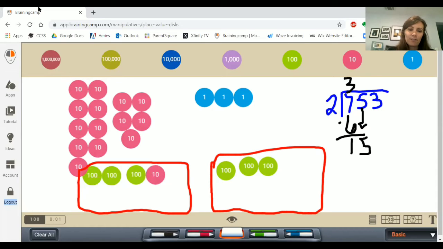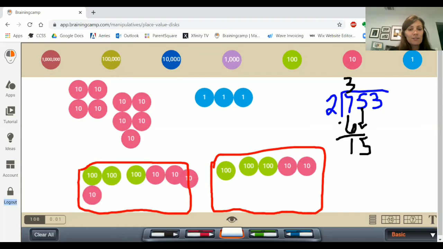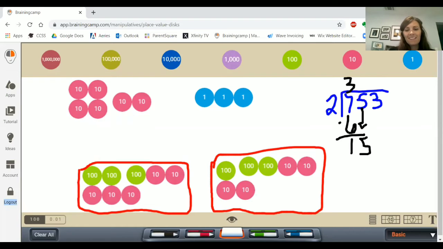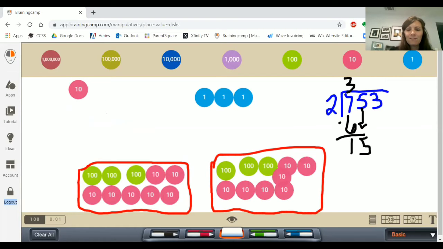So one for me, one for my friend, one for me, one for my friend, and so on, until all the tens are shared. Oh dear. I have one left over.